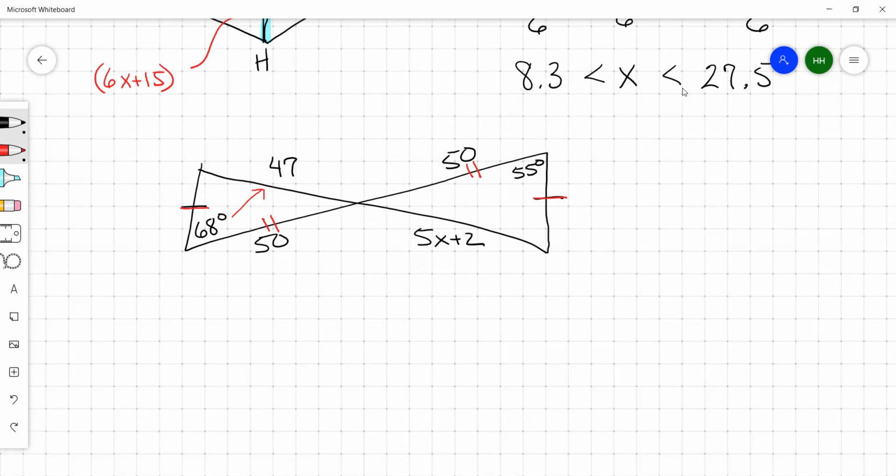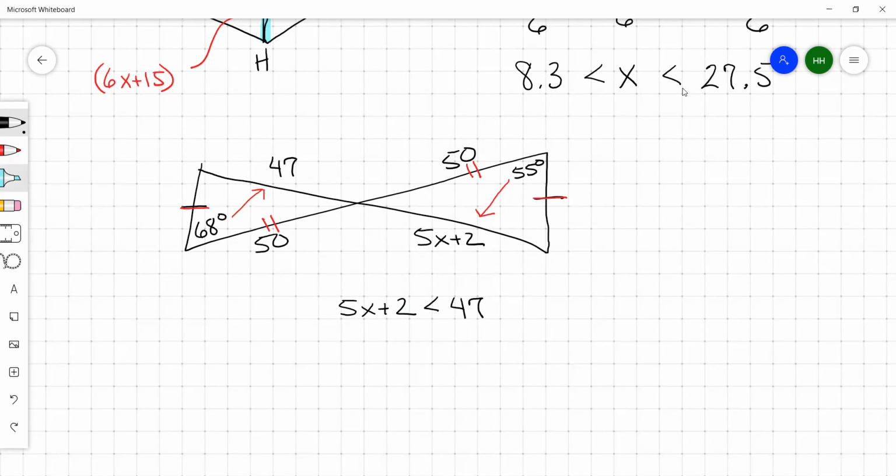And we've got a smaller angle that has a 5x plus 2 across from it. So since the 5x plus 2 is across from the smaller angle, our equation is going to look like this. Our 5x plus 2 is going to be less than 47.